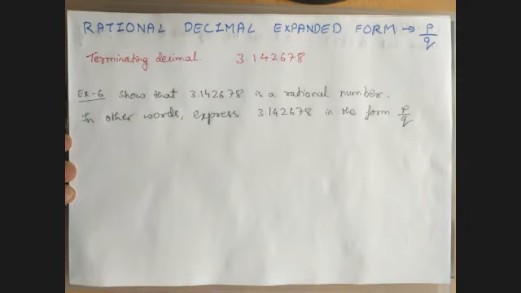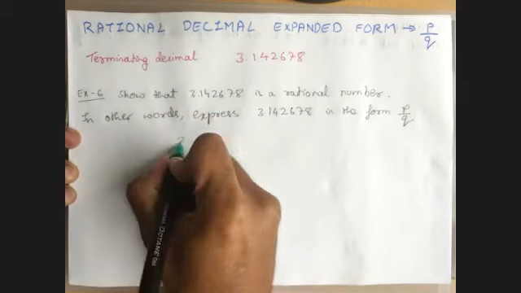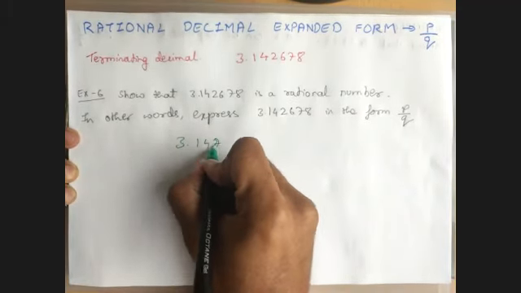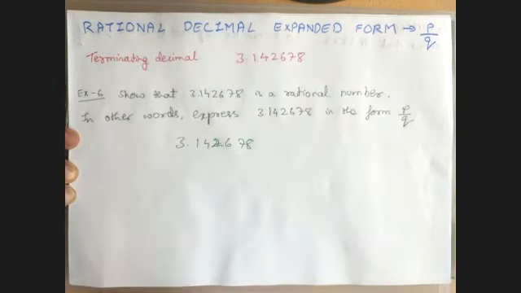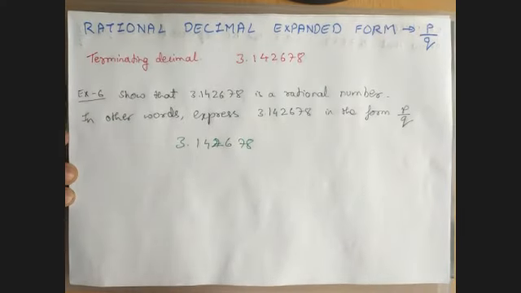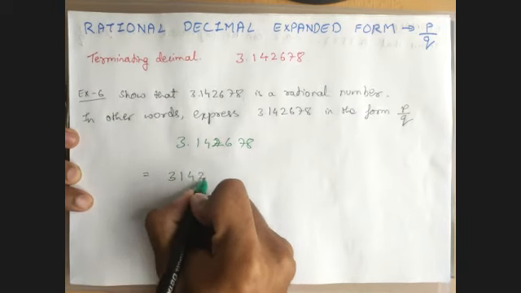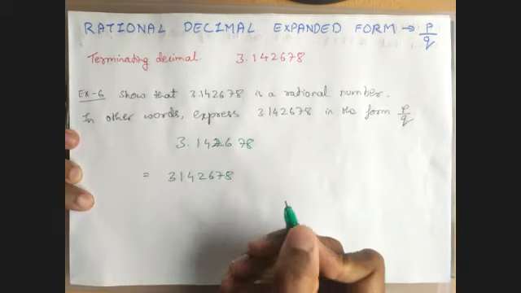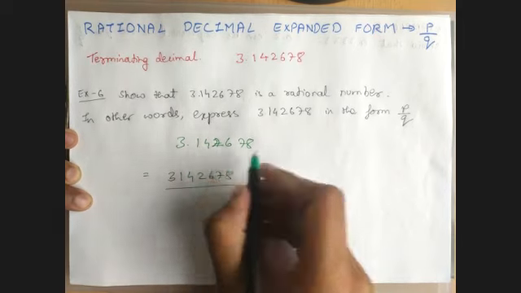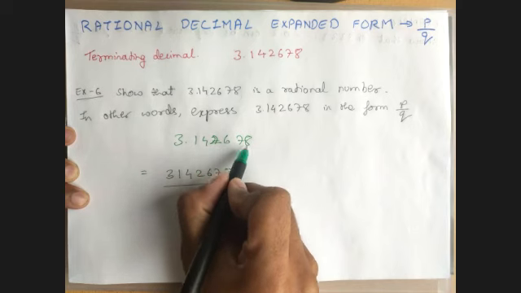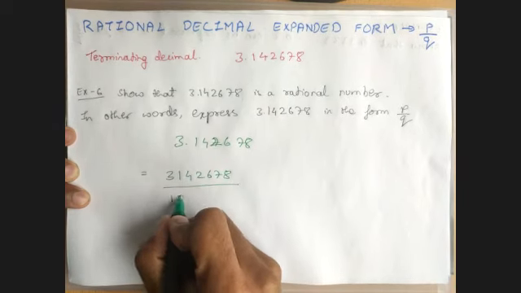So how do we do that? They have given 3.142678. Now I can write this as 3.142678 divided by 1, 2, 3, 4, 5, 6, so 1 with 6 zeros.